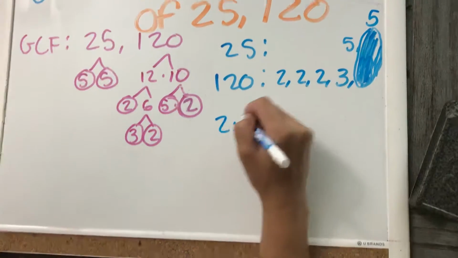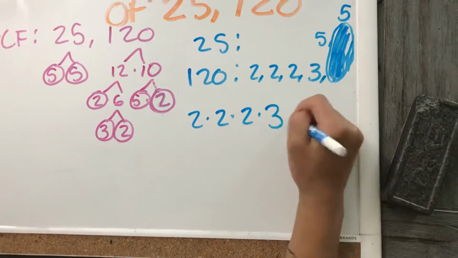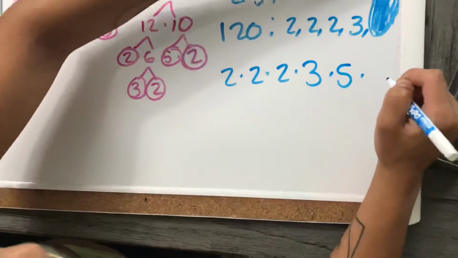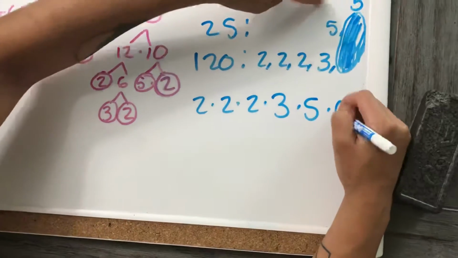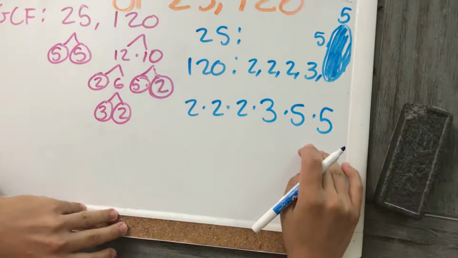So then that leaves us with what we had: 2 times 2 times 2 times 3 times this 1 5 that wasn't common, and then this 1 5 that represents this common pair. And that's how we got 600 when we multiply all these.